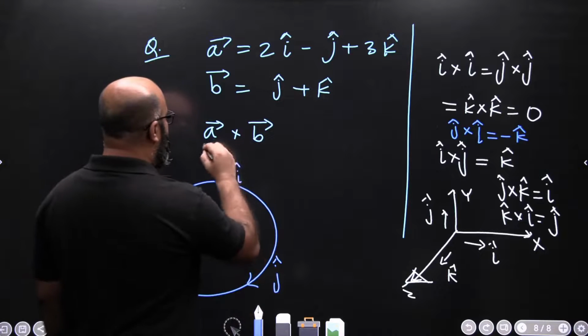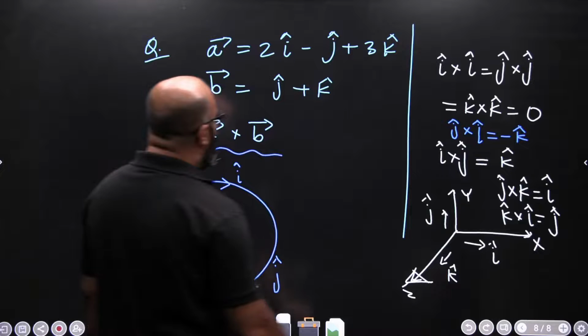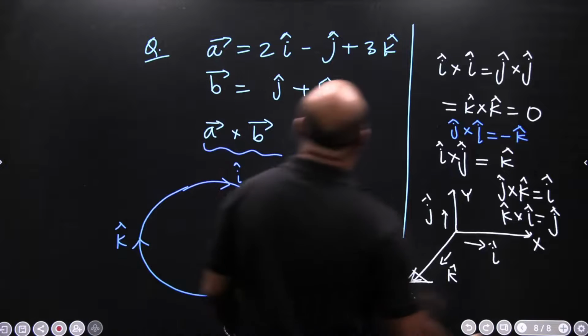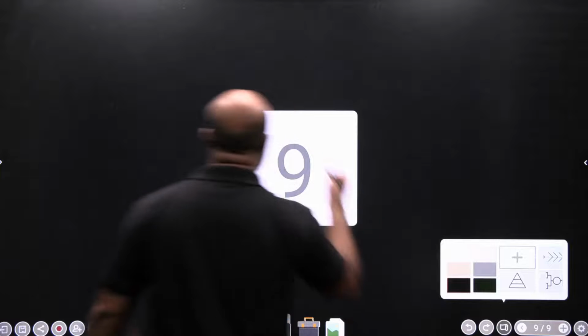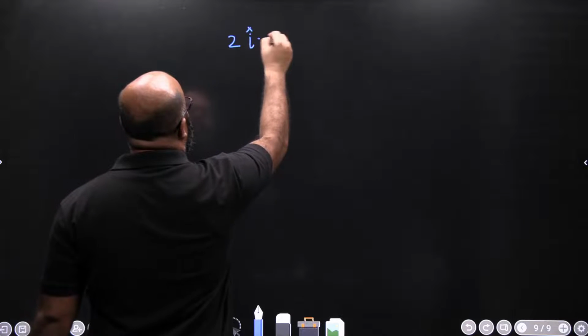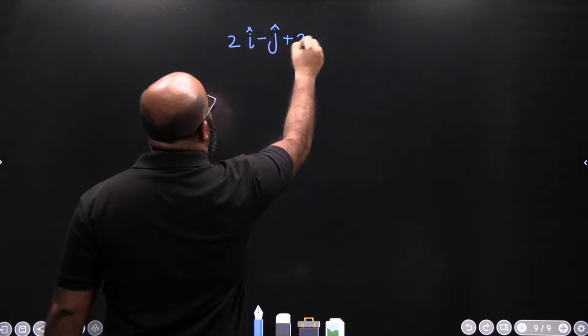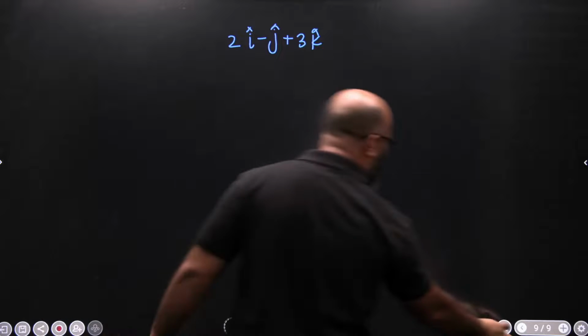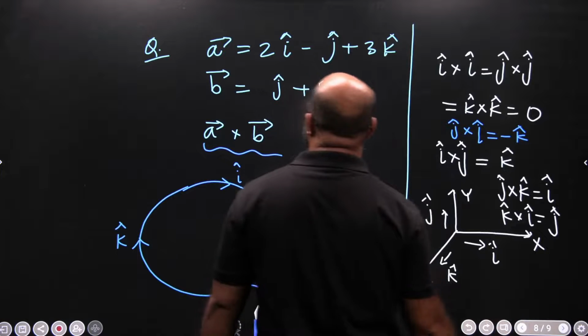Now let us see what is A cross B. So here I have taken 2i minus j plus 3k, and we have j plus k.